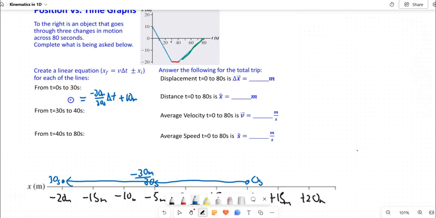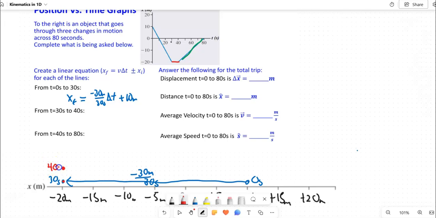And that is the prediction, this linear prediction for just the blue line. Okay, for just the blue line. Okay, the red guy, right here, it starts at negative 20, and it ends at negative 20 over the period of 10 seconds.